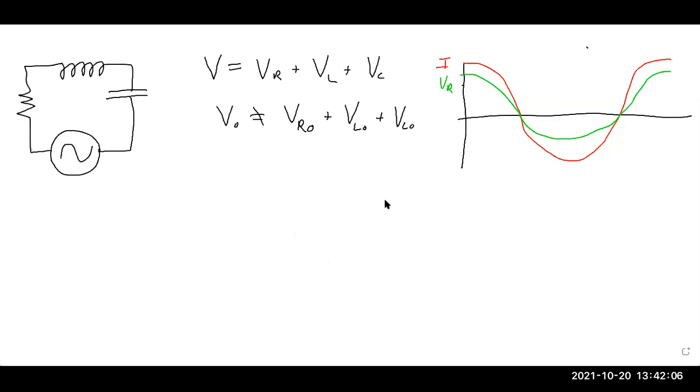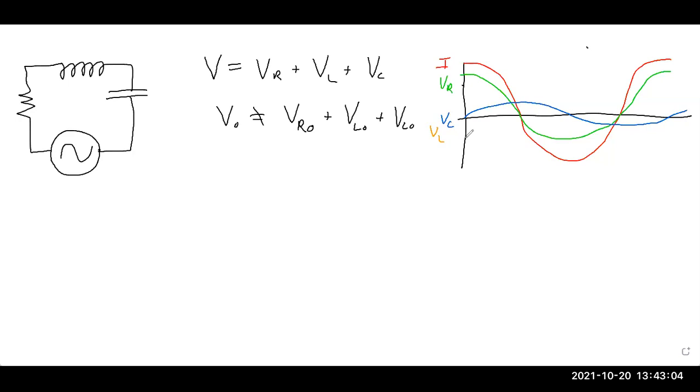The voltage across the capacitor is going to lead it. Sorry, the current is going to lead the voltage. So our current is going to lead the voltage. And for the inductor, the voltage is going to lead the current.